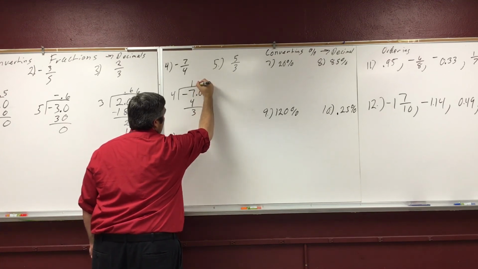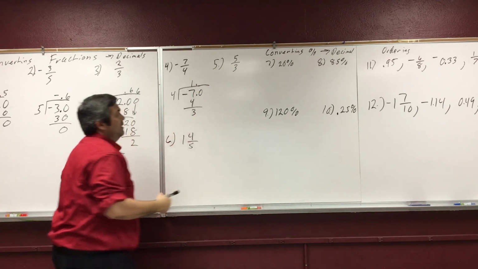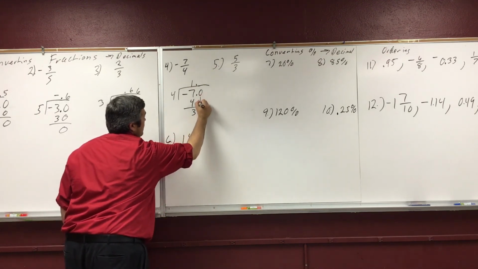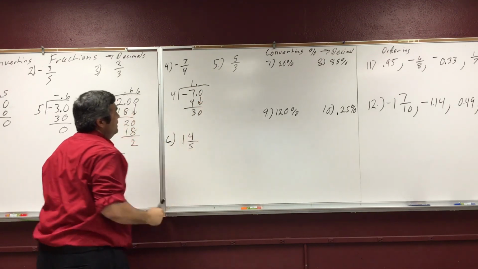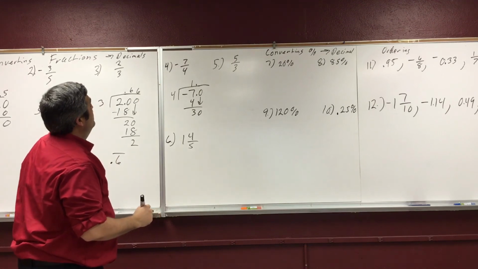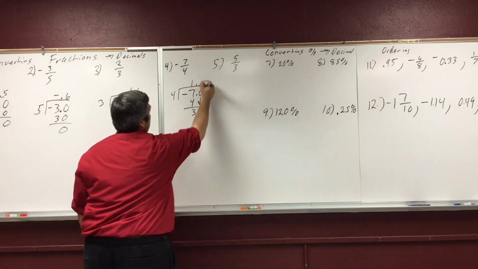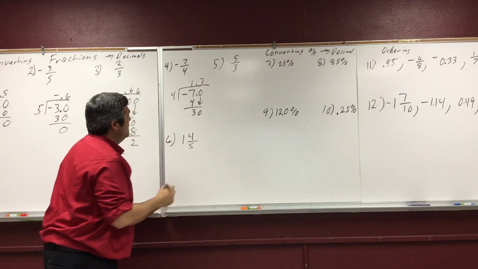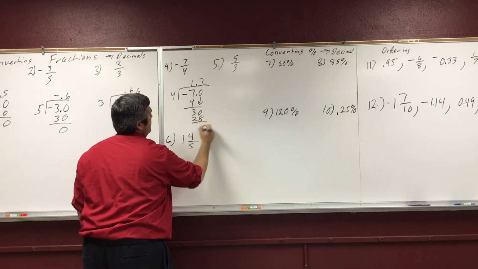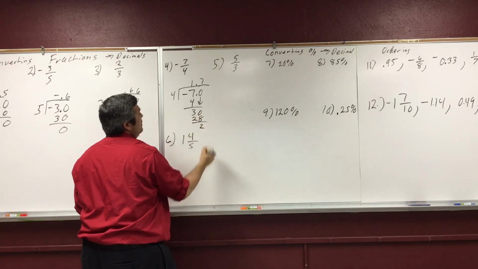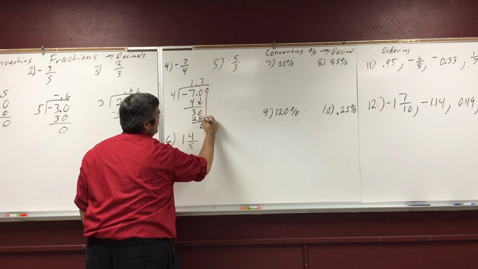I'm going to bring up the dot. Bring that down. 4 into 30, let's see, would be 7. 7 times 4 is 28. 2, 0. Bring this down.